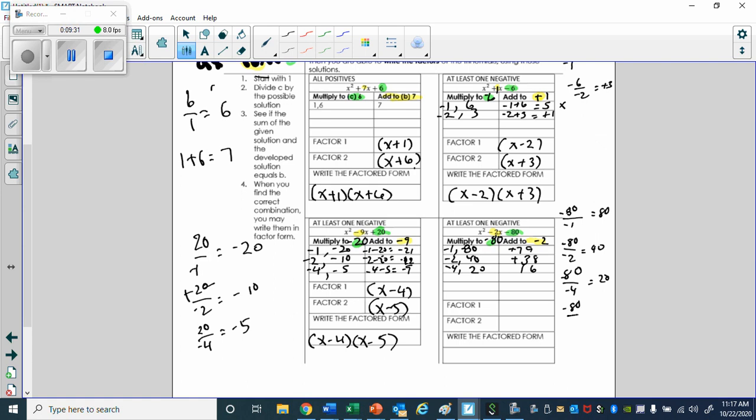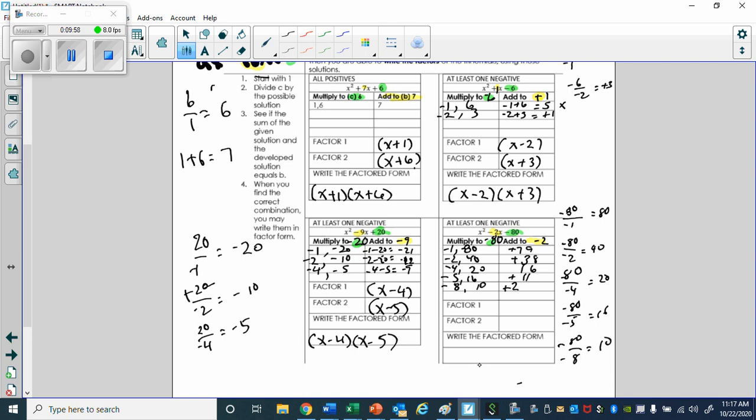Try 5. That combines to give me 11. Try 8. That combines to give me positive 2.